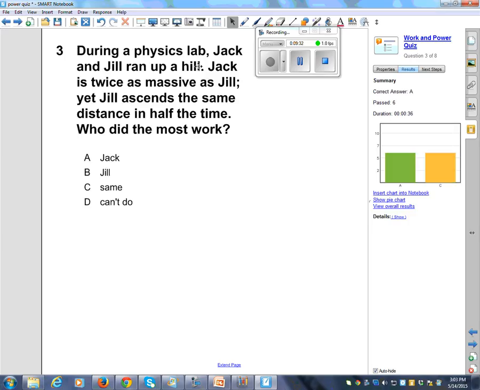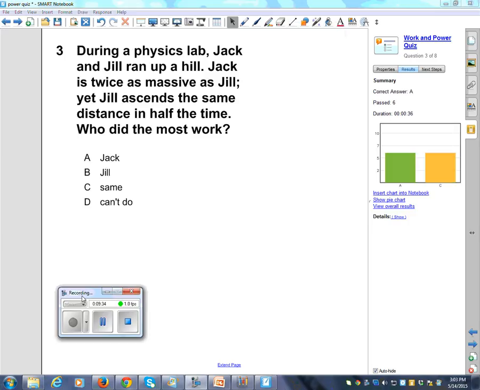Jack and Jill ran up the hill. Jack is twice as massive as Jill. We got a 50-50 split here, but the correct answer is A. Who does the most work? Jack, because he's bigger. So at the top, he's got twice as much potential energy. It doesn't matter the time.